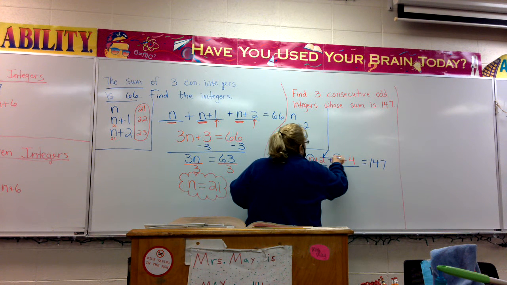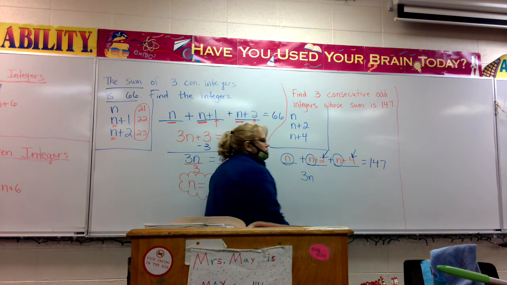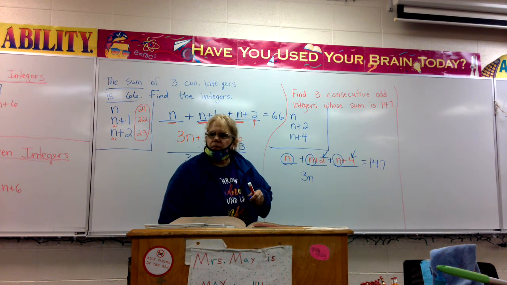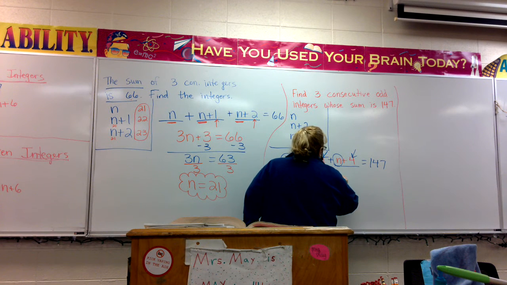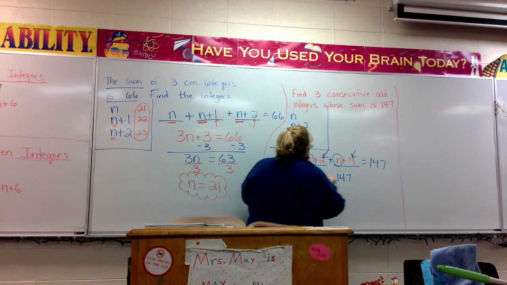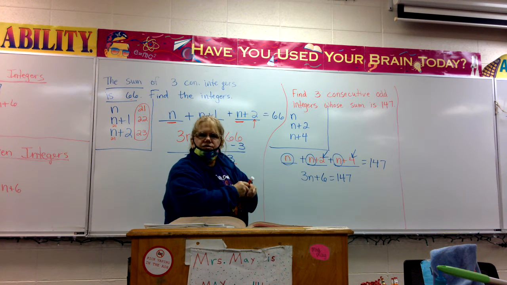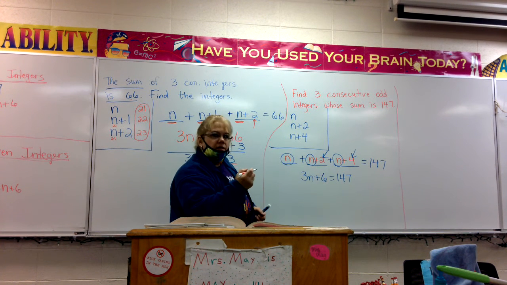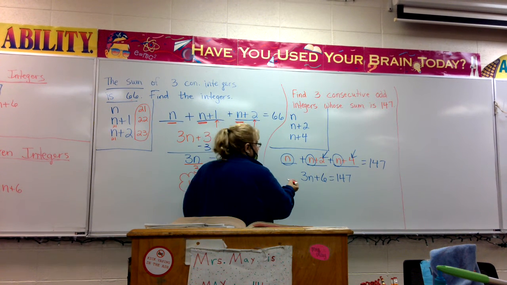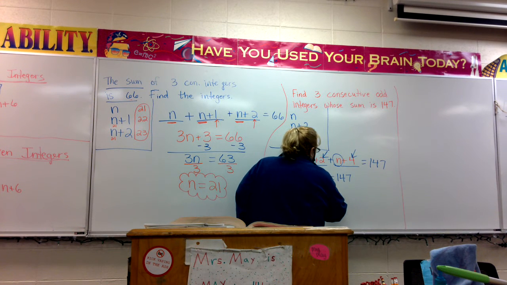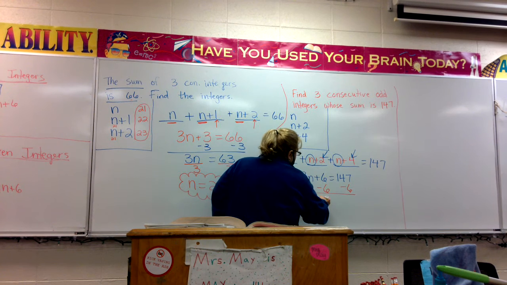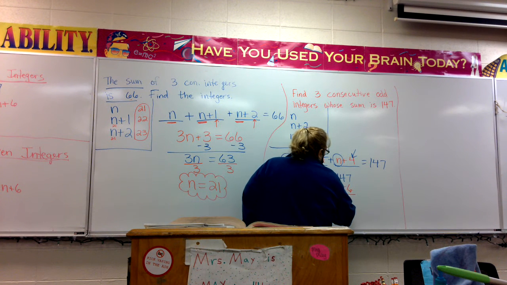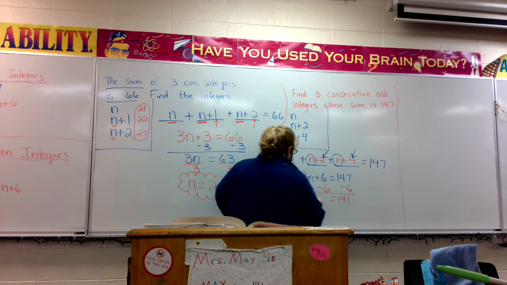And what else do I have? 2 and 4, that's 6. So 3n plus 6 equals 147. What will I do to solve that? Cancel 6. Right. Get rid of the 6. And so now I have 3n equals 141.